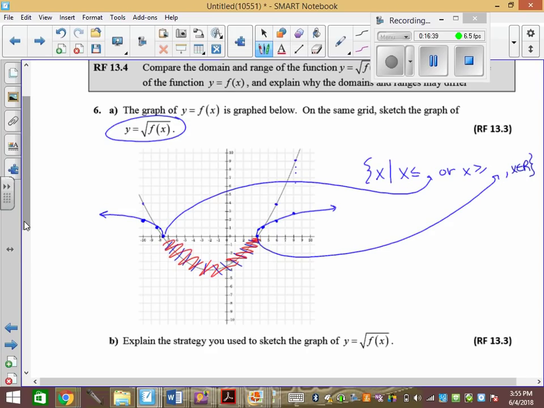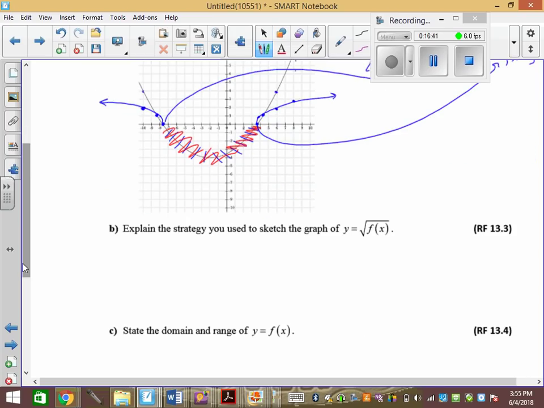Explain the strategy you use to sketch the graph of y equals the square root of f of x. You keep the original x values and square root their y's. Draw a new point.